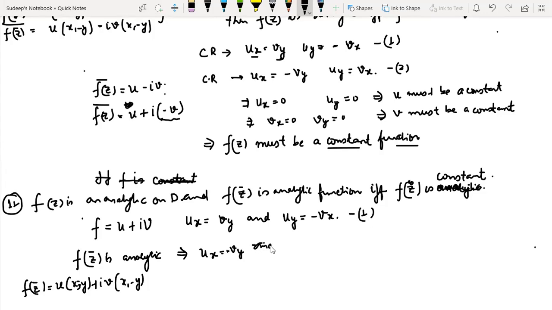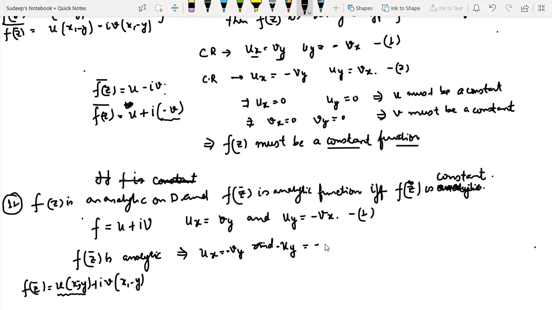And another part would be what? Uy is equal to minus of Vx. And Uy is also negative, I think. So if I differentiate with respect to y, now instead of x comma y, I am having x comma minus y.